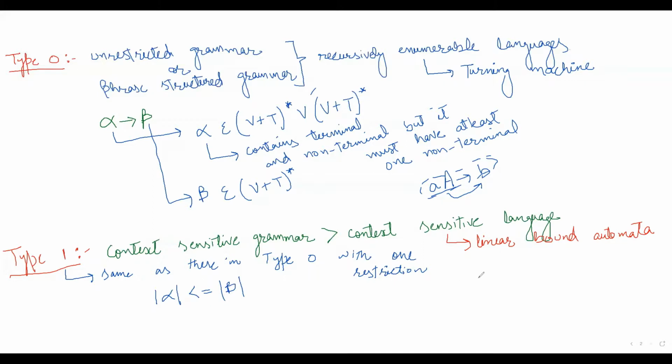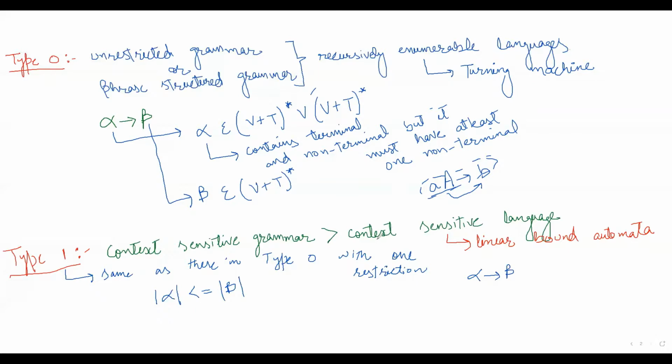Okay, so production rules are of this type. Alpha gives beta. Okay, it is the same as type 0. Okay, but length of alpha should be less than or equal to length of beta. So we can say type 1 grammar is a subset of type 0 grammar. Or in other words, context sensitive languages are a subset of recursively enumerable languages.